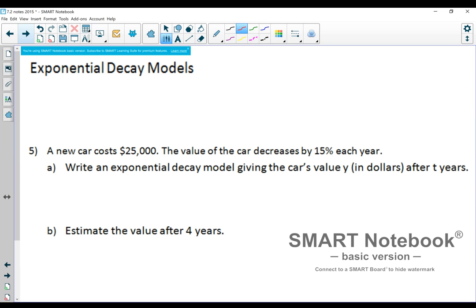Exponential decay model. So we looked at a growth model yesterday. Today we're going to look at, or actually earlier today, depending on if we have doubled up lessons, what pace we're working at this year. So instead of 1 plus r, now it is 1 minus r. And y is the amount after t years.